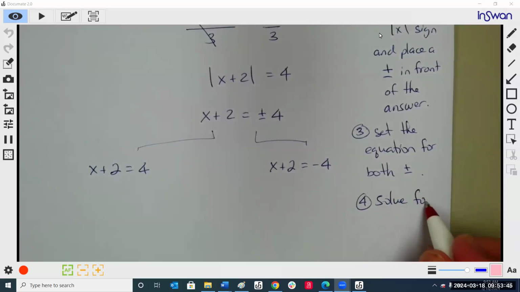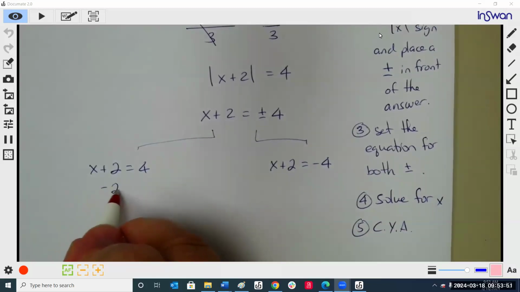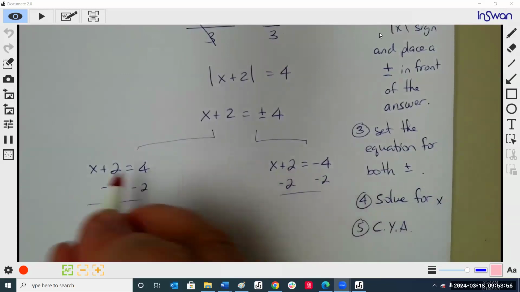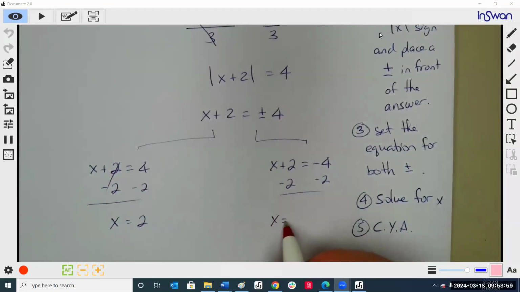Solve for x, then check your answer. So we subtract 2 across the board. X equals 2. X equals -6.